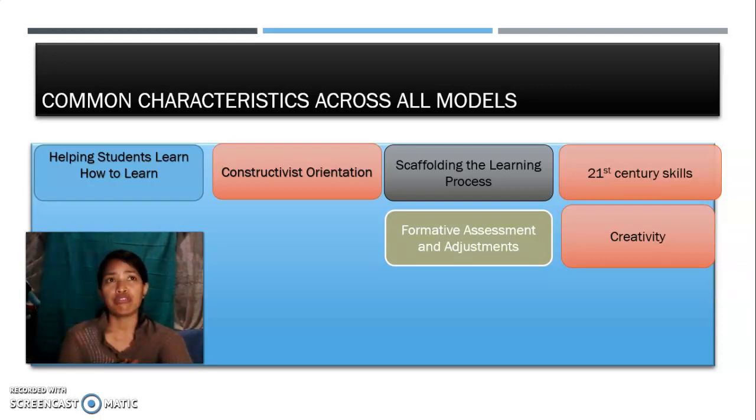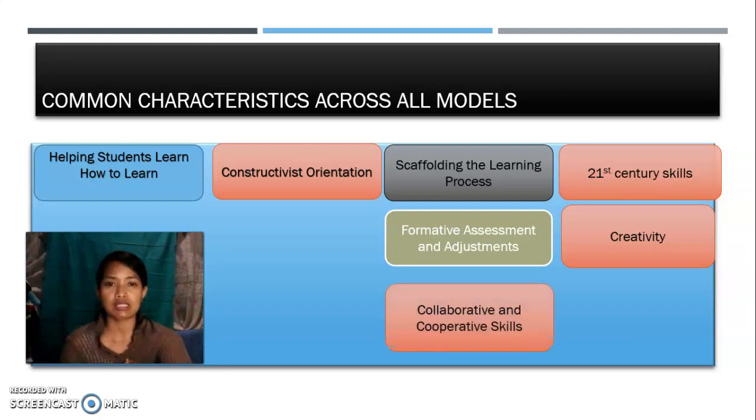And then again, it makes use of activities that encourage students to have divergent ideas, a way of thinking, a way of creating something, a way of arguing and giving information, and also creating a product during the teaching and learning process.